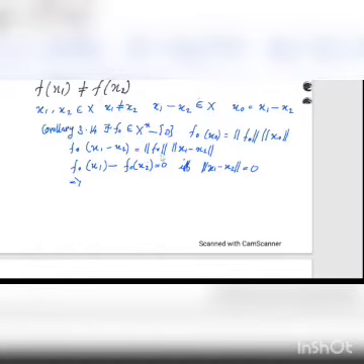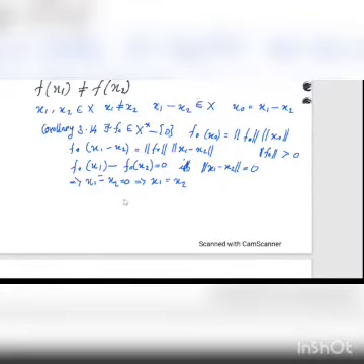Therefore, its norm is always greater than 0, so the norm of f naught is always greater than 0. Now this quantity equal to 0 means the only possibility is that the norm of x1 minus x2 should be equal to 0, which implies x1 minus x2 equal to 0, which implies x1 equal to x2.